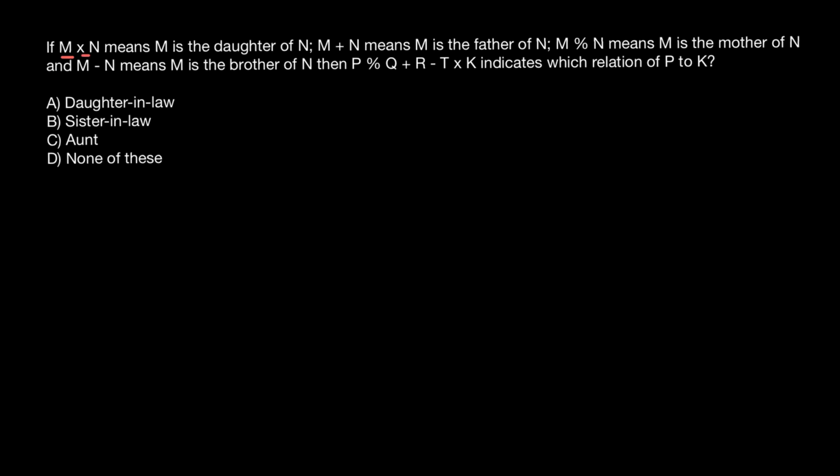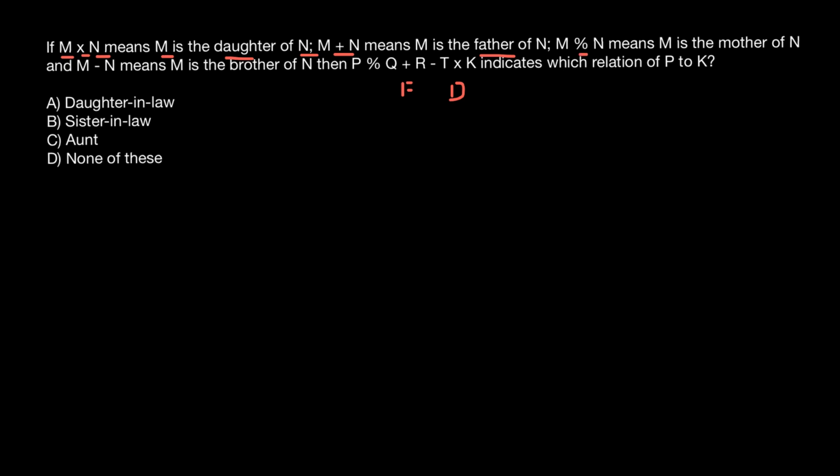M times n means m is a daughter of n. So we have the times sign here, and we can put D, which stands for daughter. Next, the plus sign means that m is the father of n, or the first is the father of the second. So plus means father, and we put F here.